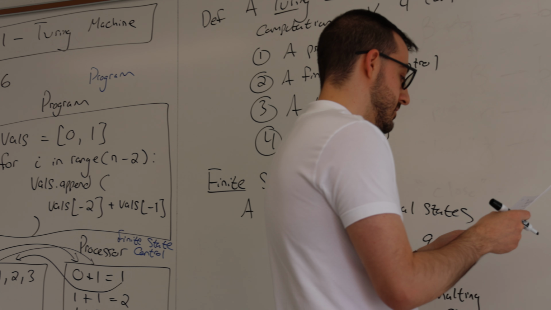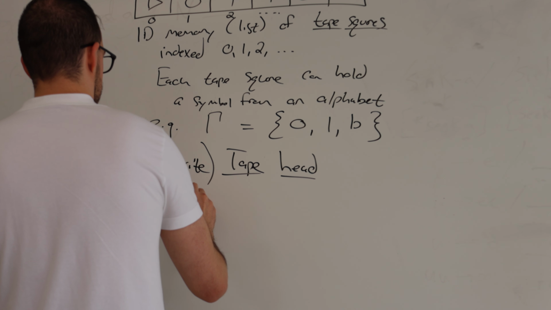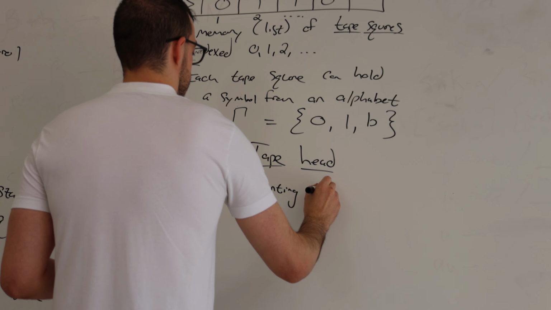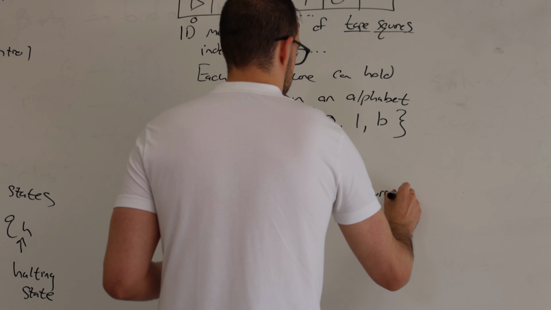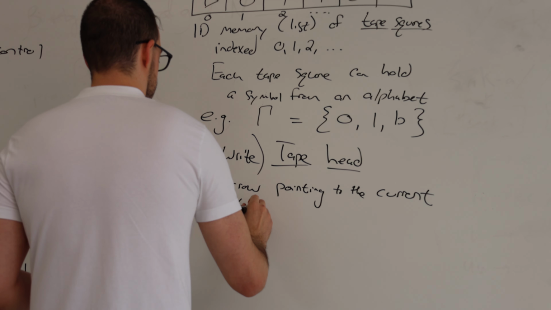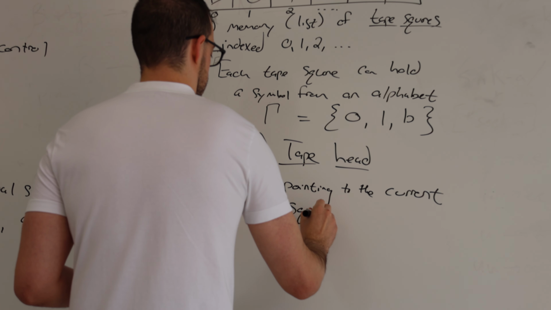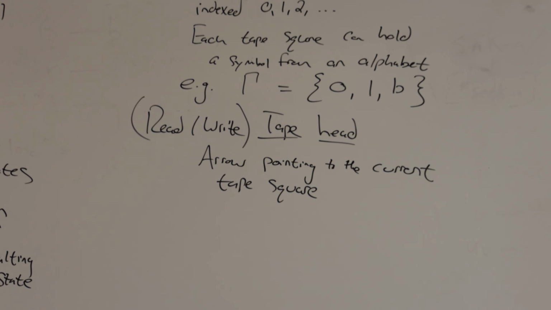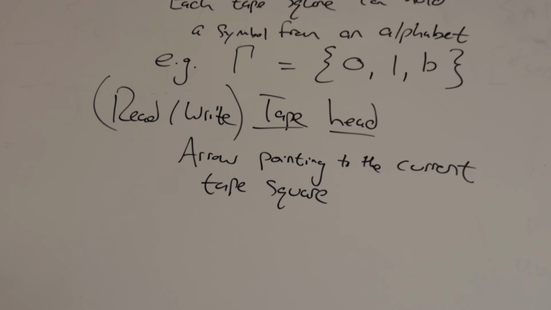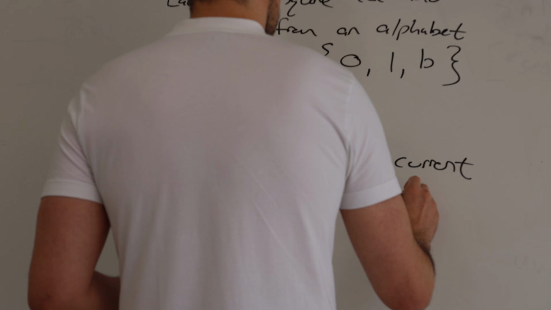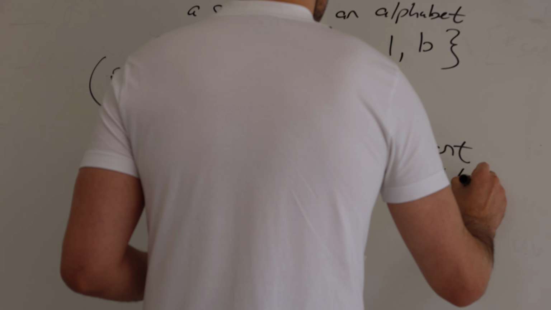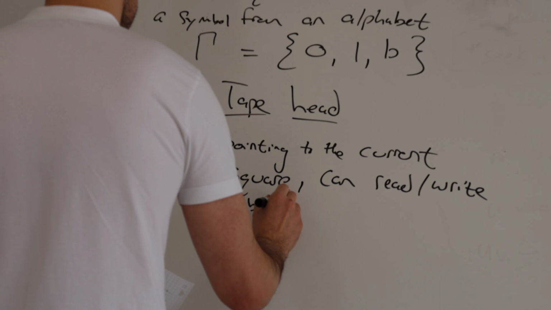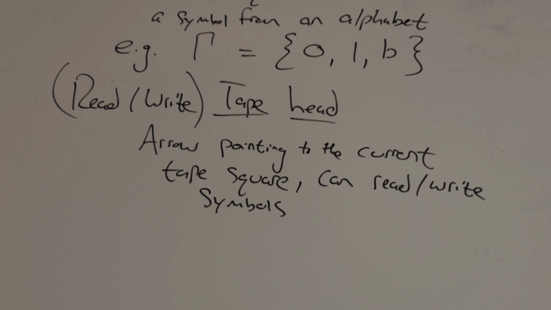So the tape head is going to be an arrow pointing to the current tape square. And this tape head, as we mentioned, can read the symbol and can write a new symbol. So it can read, write symbols in memory on the tape.